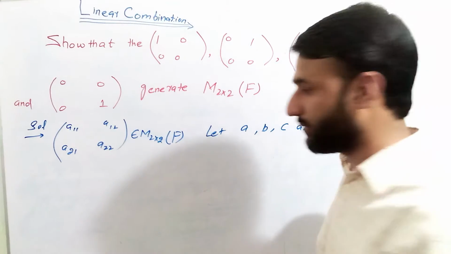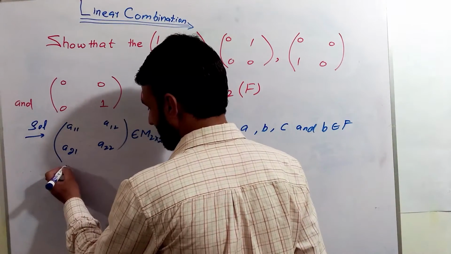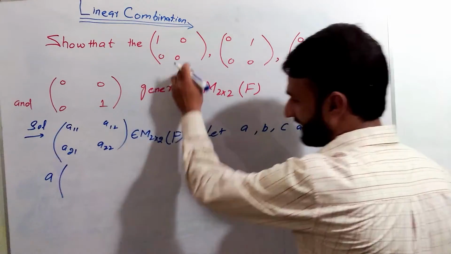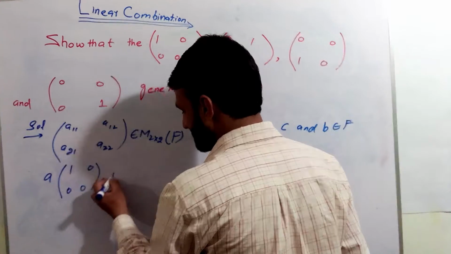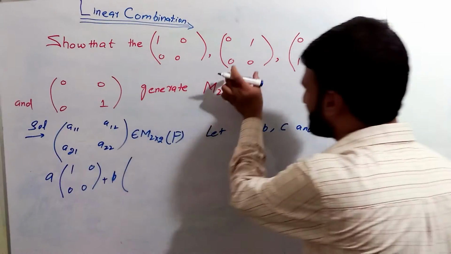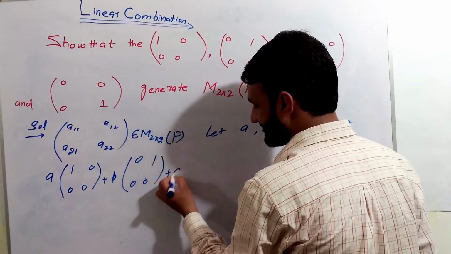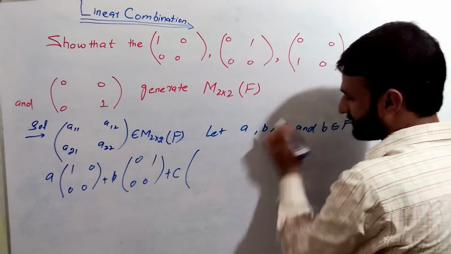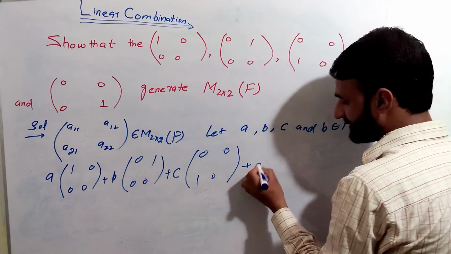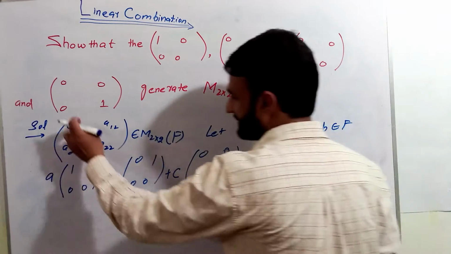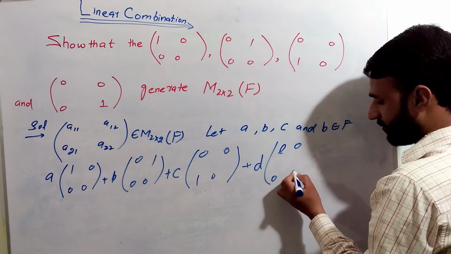Also these scalars act on vectors. By the definition of vector fields, by linear combination you can say that a times the vector [1 0; 0 0], plus b times the vector [0 1; 0 0], plus c times the vector [0 0; 1 0], plus d times the matrix [0 0; 0 1].